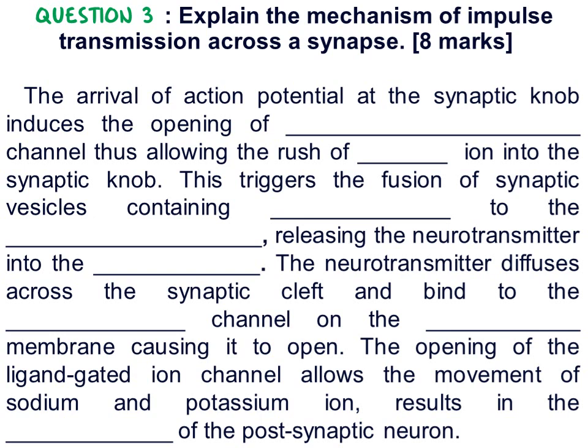In synaptic transmission, the arrival of the action potential at the synaptic knob induces the opening of voltage-gated calcium ion channels, thus allowing the rush of calcium ions into the synaptic knob.